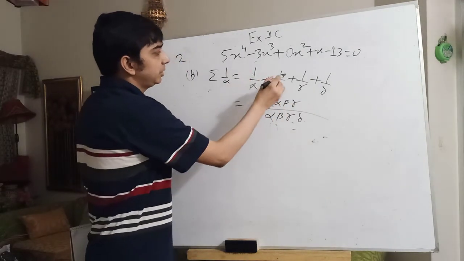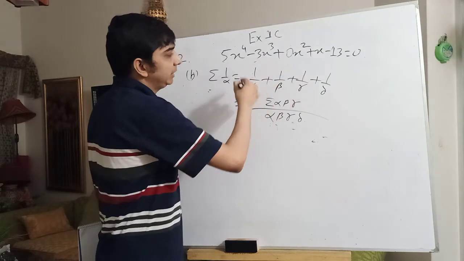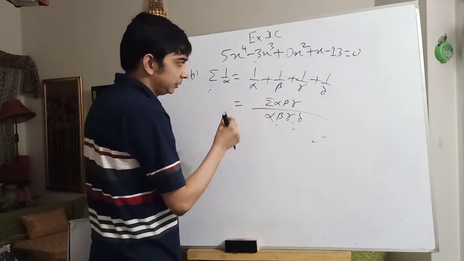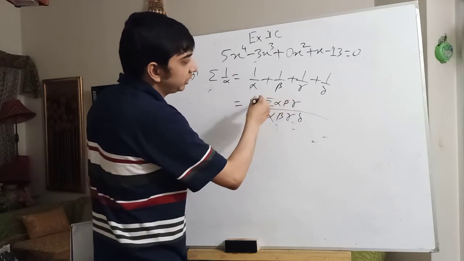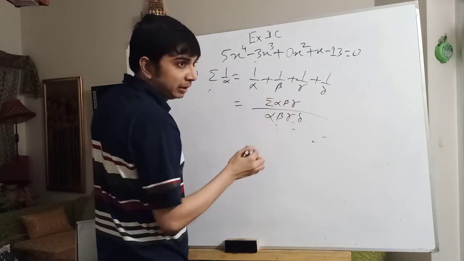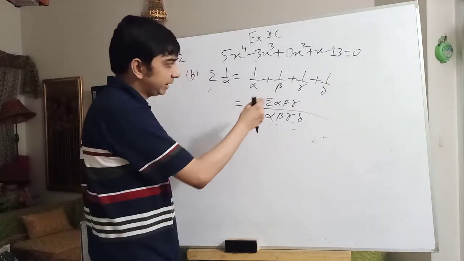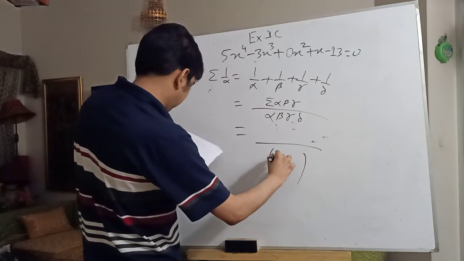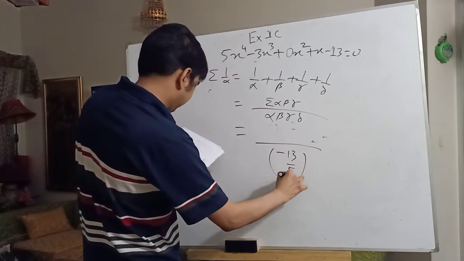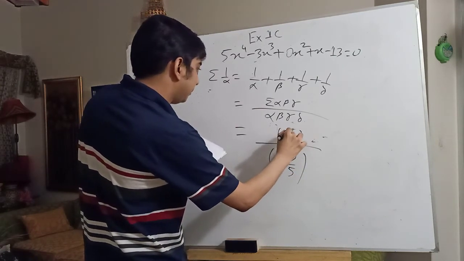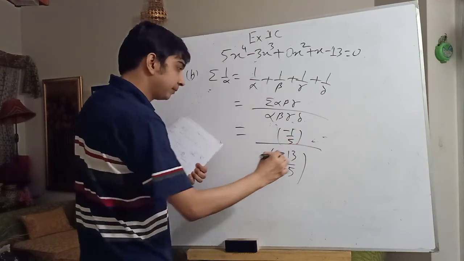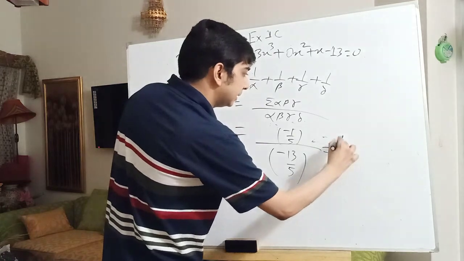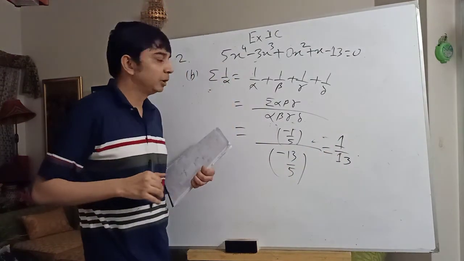When you are adding the fractions, only one of the roots is left out in each product. So ultimately in the numerator you will get summation alpha beta gamma, the sum of the products taking 3 at a time. So here the answers are going to be minus 1 by 5 divided by minus 13 by 5. So the answer is going to be 1 by 13. That is the value of summation of 1 by alpha.